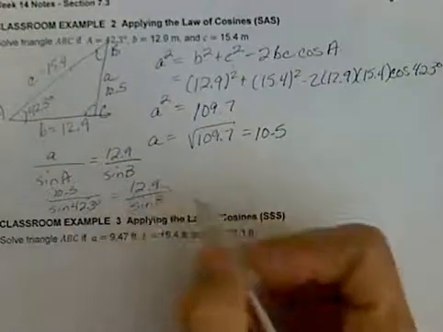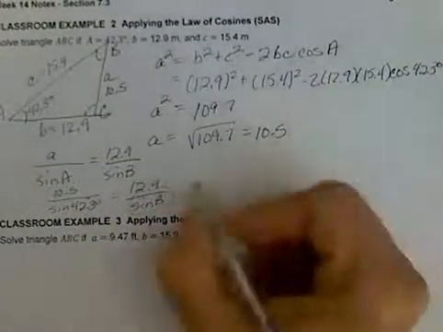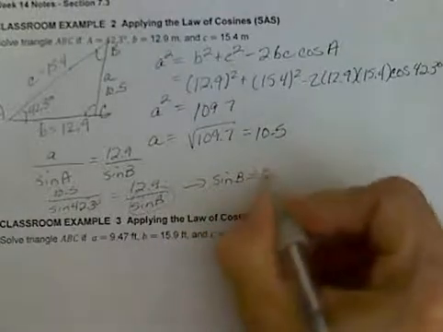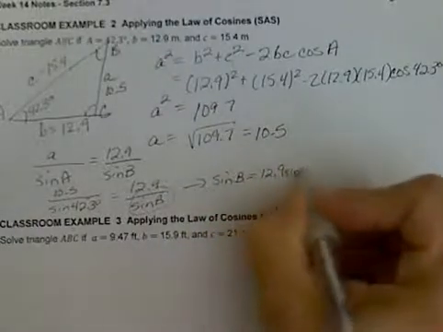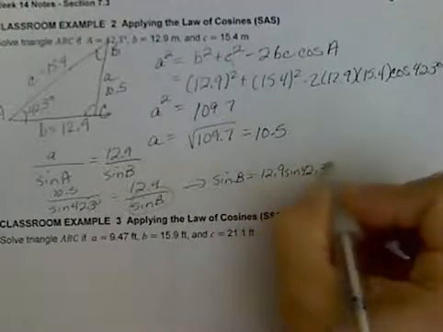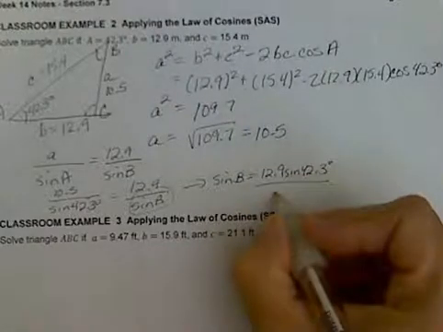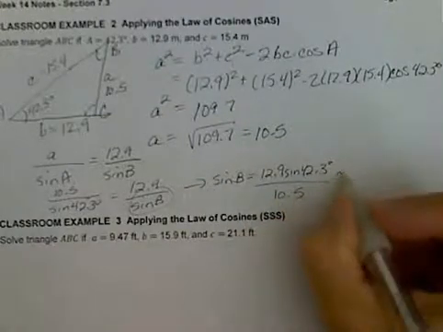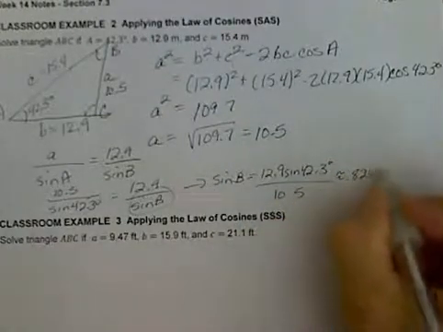I'm going to solve this for the sine of B. That gives me approximately 0.8268.